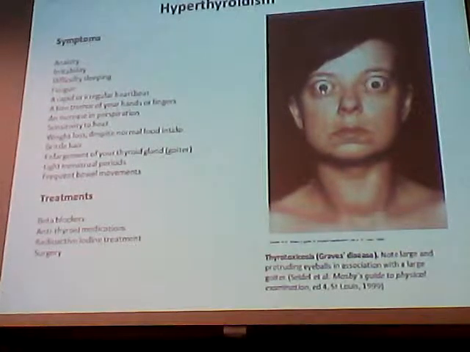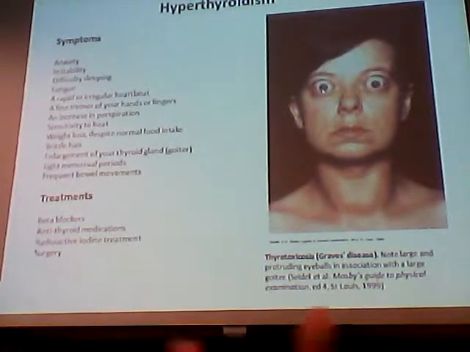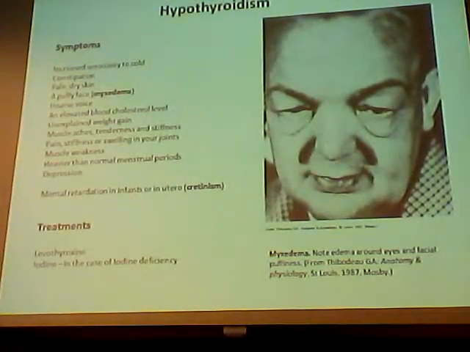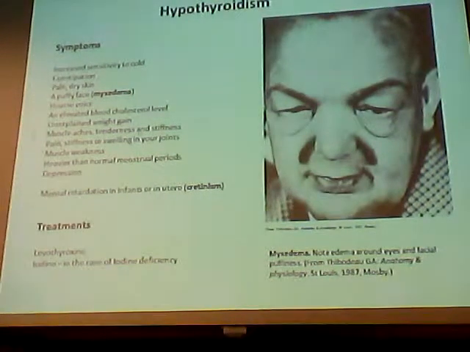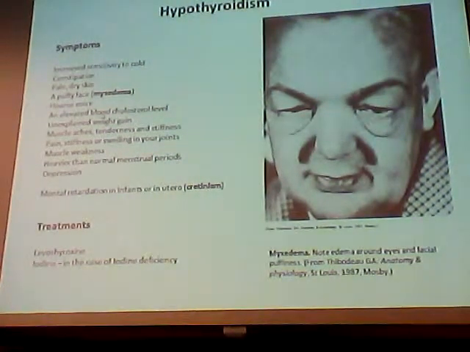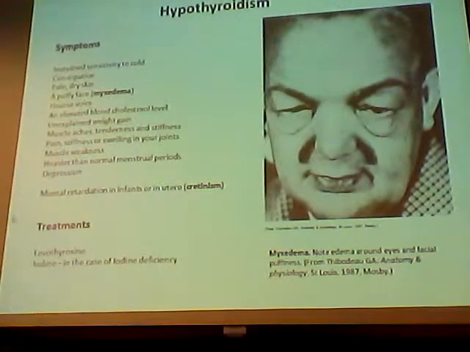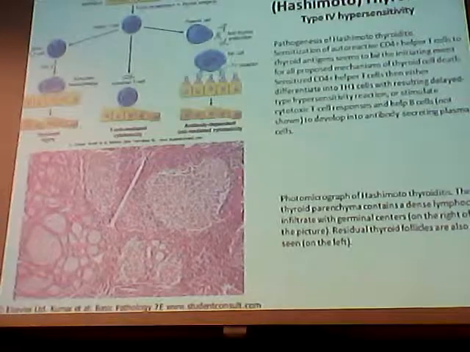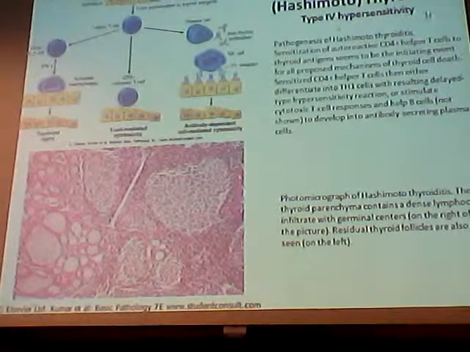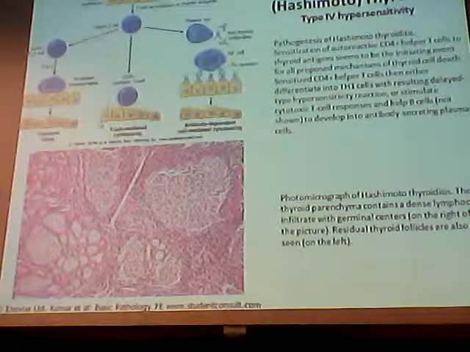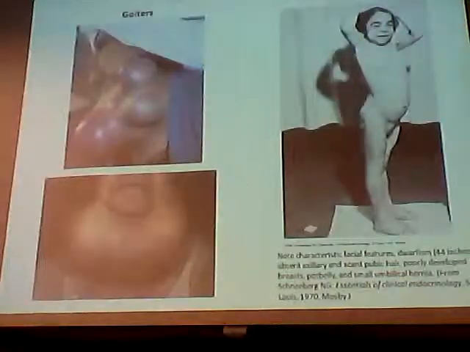So for Graves' disease, hyperthyroidism, so too much metabolism. Hypothyroidism, not enough metabolism. So you could have elevated blood cholesterol, myxedema, puffy face. Hashimoto's, remember, is a type 4 hypersensitivity, so it will attack your receptors for the cells.